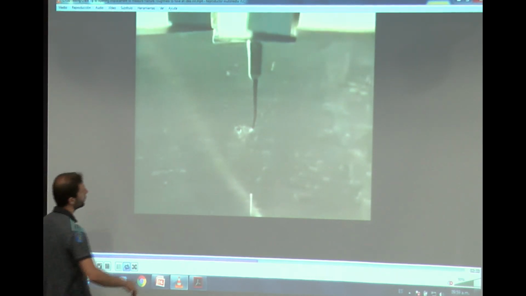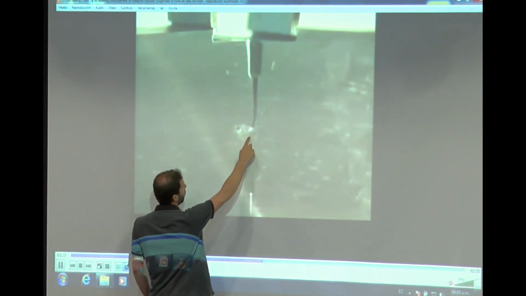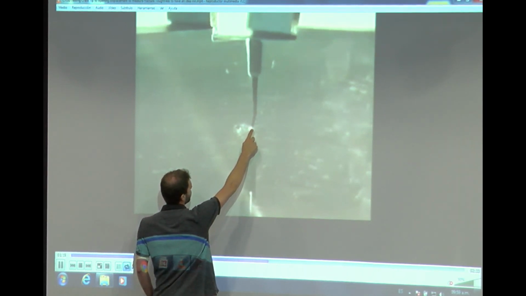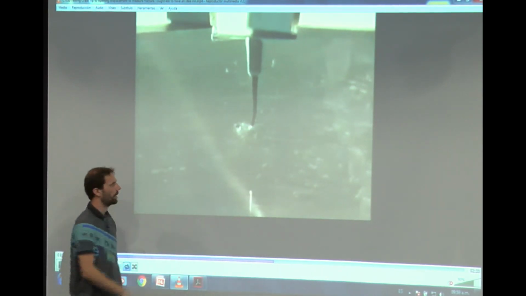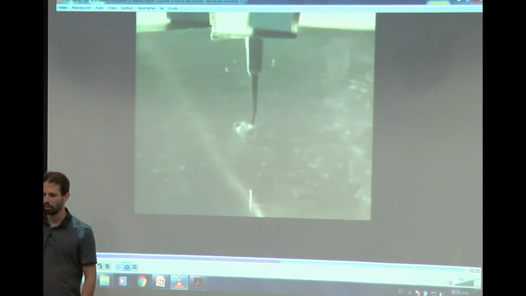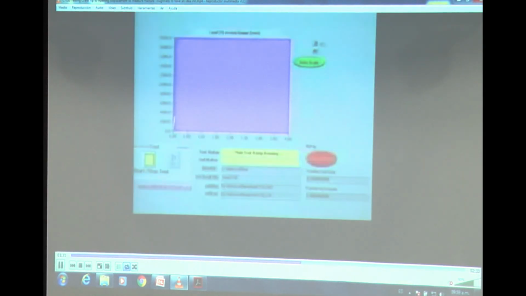Then you can see here the crack tip ends, and you get the information about the plastic deformation on the crack tip, and the crack mouth is still opening.